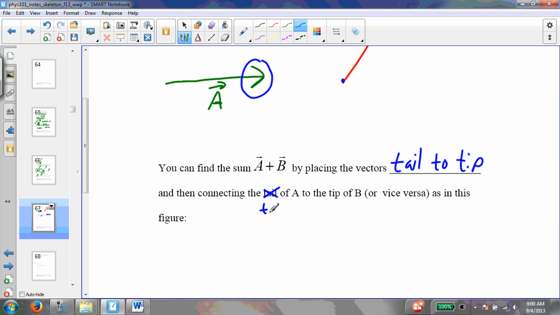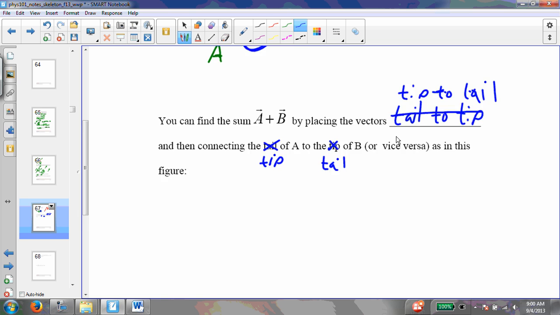I'm going to take the tip of A, that is, the arrow part, and place it to the tail of B. So instead of tail to tip, I'm going to call it tip to tail. You really have to practice this to get the hang of it, but maybe that'll make it a little less confusing.